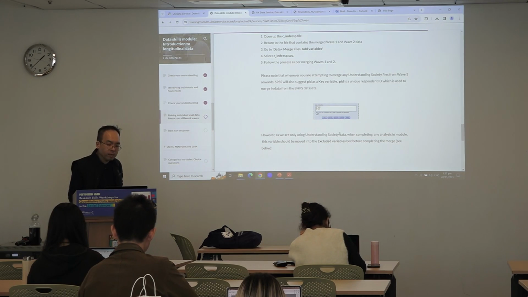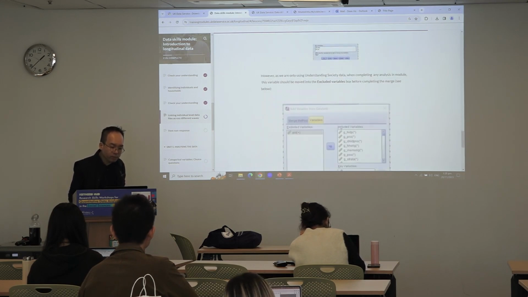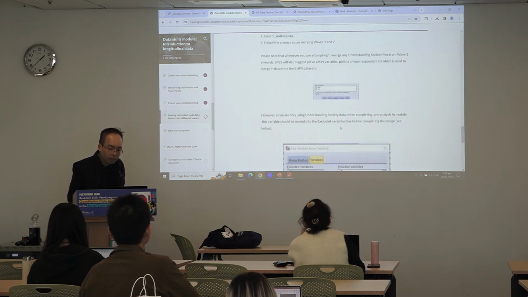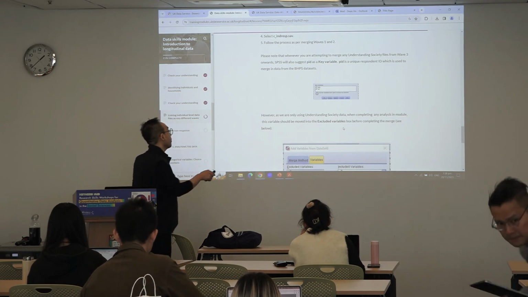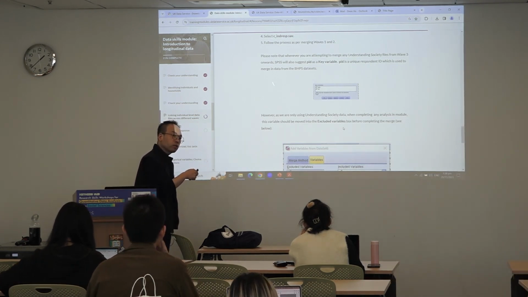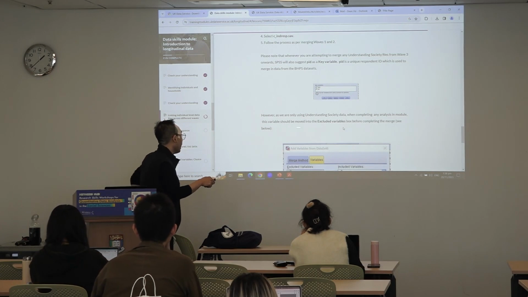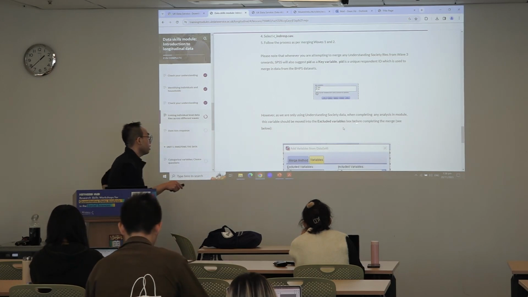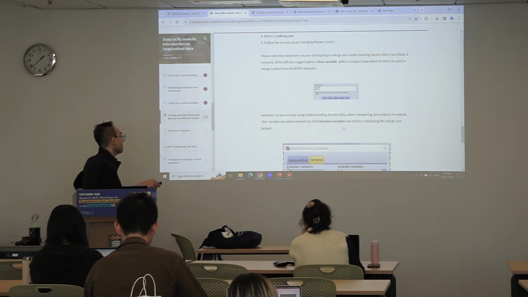But you want to be consistent with whichever one you are using, okay? If it suggests 2 of them as key variables, either, like I said, the difference is one of them is public, the other one's not. So you could use one of them. However, as we are only using this data when completing any analysis in the module, move the variable into excluded variables before completing the merge, okay?